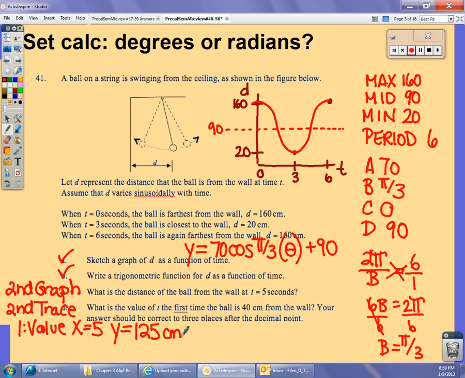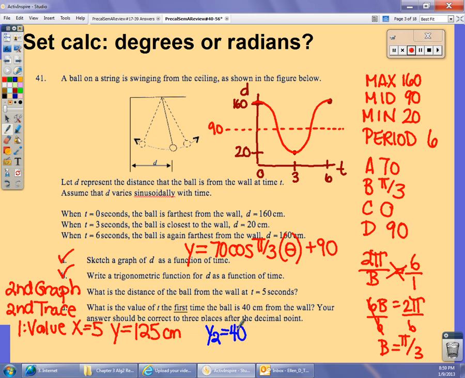In part D, it asks what is the value of t the first time the ball is 40 centimeters from the wall. They want your answer to 3 places after the decimal point. The way to go about this part would be to go to y2 in your calculator and set that equal to 40.